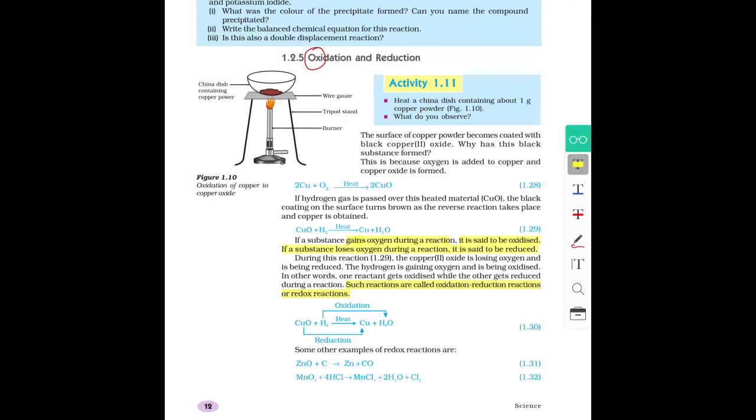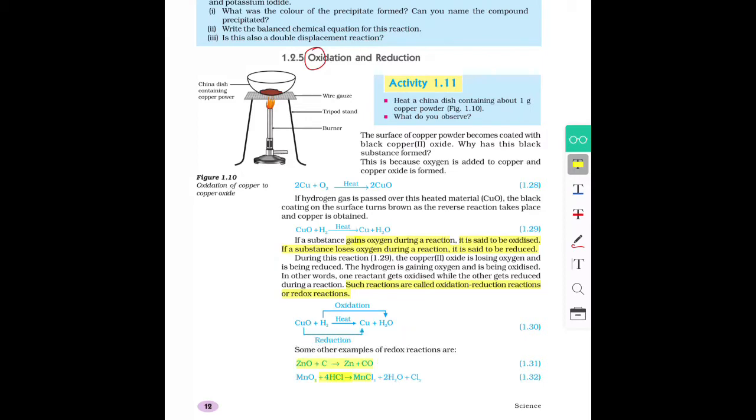And if it loses oxygen, then it is called reduction. So here Cu lost oxygen, so Cu underwent reduction, and H2 gained oxygen, so it underwent oxidation. Oxidation and reduction generally occur together, and so they are also called redox reactions.